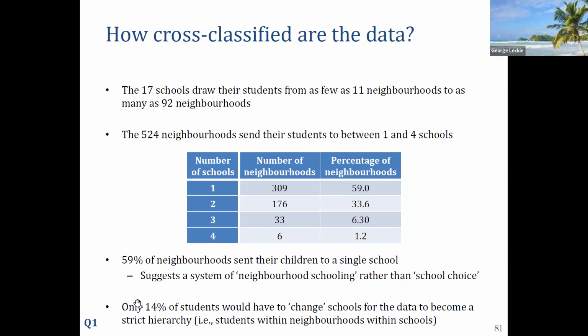So a statistic like this could even be a kind of measure in your data, because you might have not just this study in one city in Scotland, but all different cities around the country, of to what extent are schooling systems neighborhood-based or school choice-based, and you could be deriving a statistic like this. From a multi-level perspective, it means that if I fit a naive 3-level model of students within neighbors within schools, my answers are going to be fairly close to the correct answers from a cross-classified model, because the data aren't really that cross-classified.